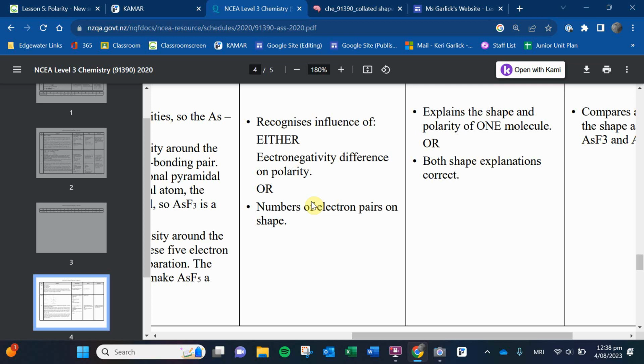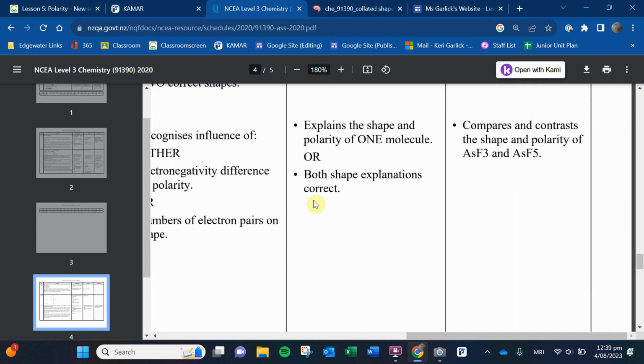Your best bet is to guess that one molecule is polar and the other one is non-polar, because most likely they'll give you one of each instead of two of the same. And that's a good way just to cover your bases and try to give you an achieve point. There's lots of achieve points in thermo for just guessed answers, like guess the shape kind of answer.